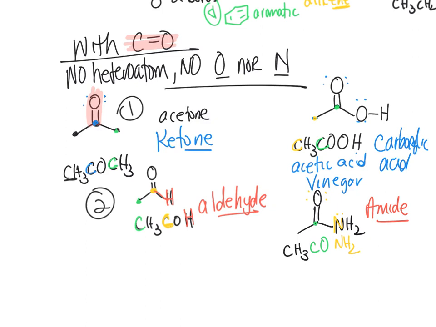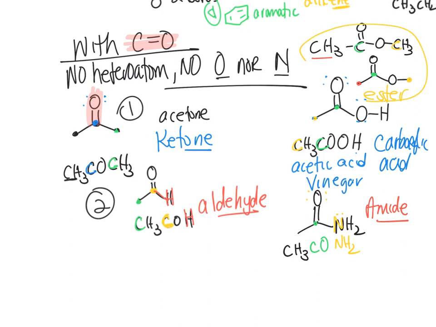The other one we did not put on here is an ester. It would look like this. There's CH3 here, this is your carbonyl, and then this CH3 is over here, and this is called an ester. Those are very volatile, good smelling compounds that are in the perfume industry.